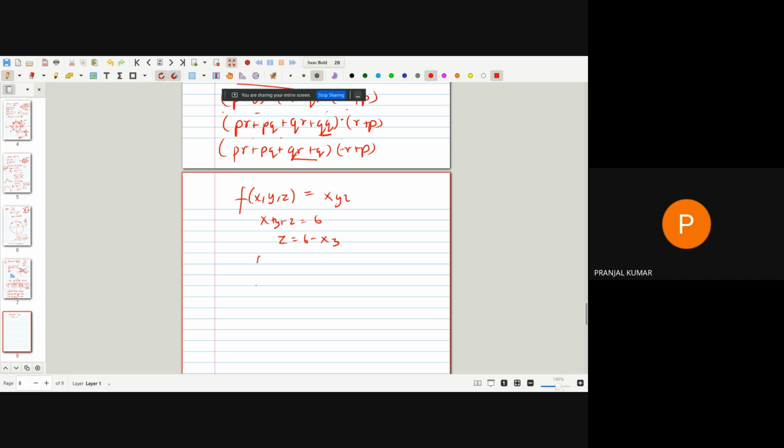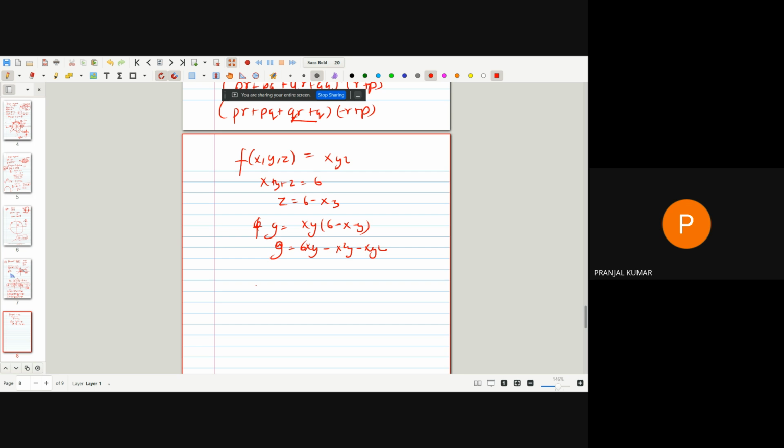So what will you get? Suppose g. You will get x, y, 6 minus x minus y. So the g function is 6xy minus x square y minus xy square. Now you can find the partial derivatives.